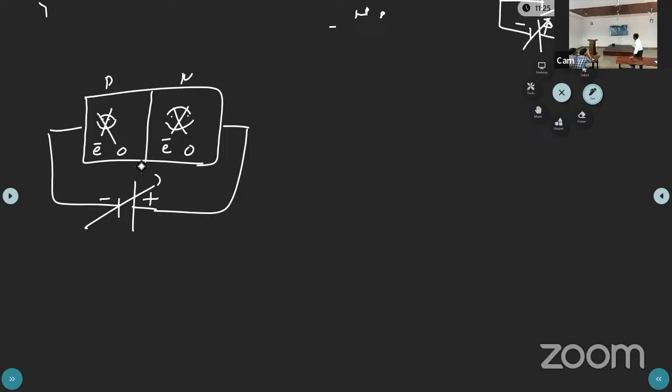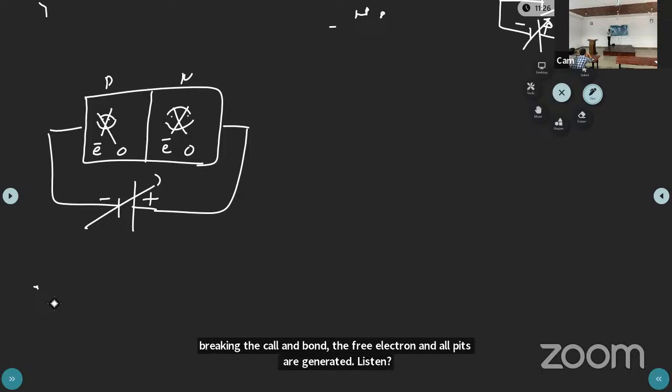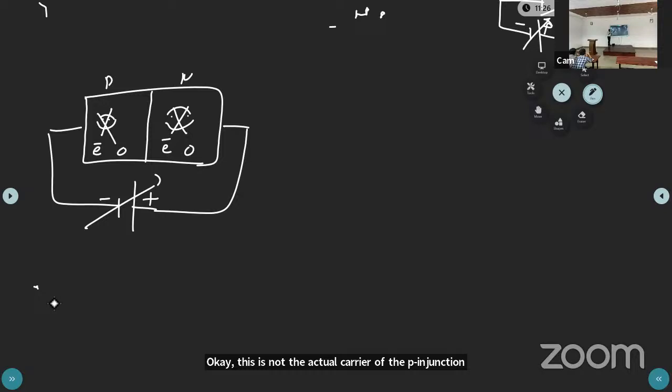By breaking the covalent bond, the free electron and hole pairs are generated. Listen. Okay, this is not the actual carrier of the PN junction diode. This is also not actual carriers. By breaking the covalent bonds, the free electron hole pairs are generated.